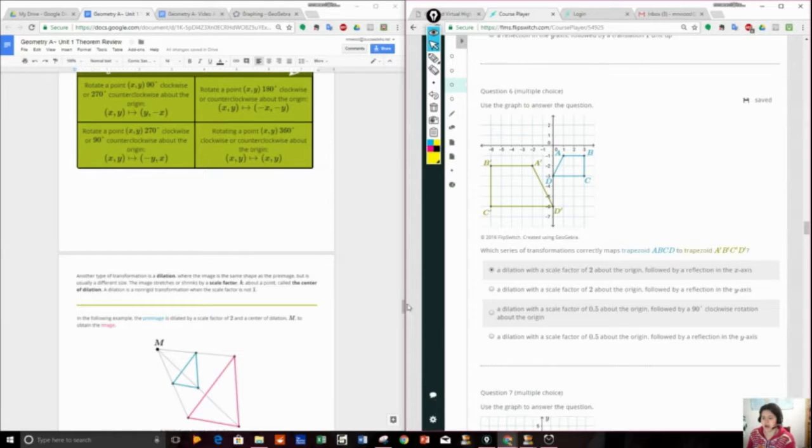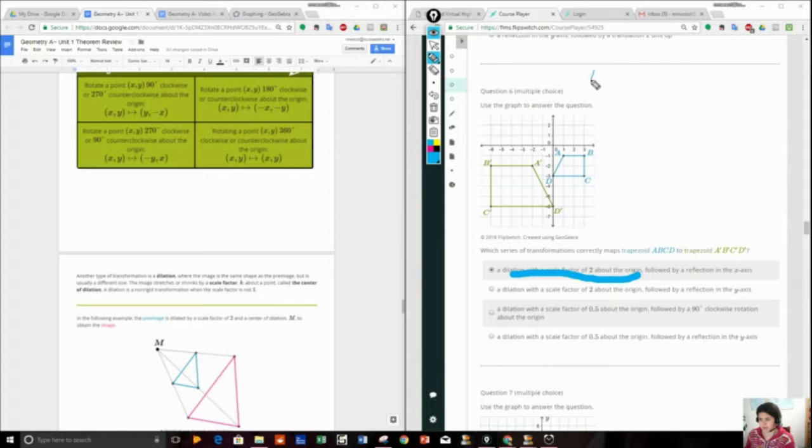Okay, since a dilation is not a rigid transformation, we are going to check each point until there's a point that doesn't match the transformations listed. The first one we're going to do is a dilation with a scale factor of 2 about the origin.